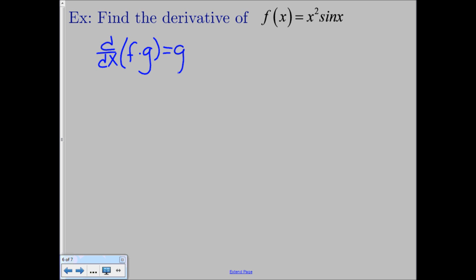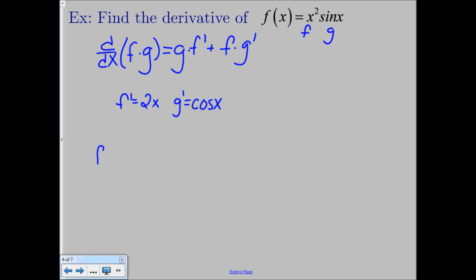It's going to be g times f prime plus f times g prime. Okay, so let's let x squared be that f and sine of x be our g. So that means that f prime, using our power rule, is going to be 2x, and g prime, using our derivative properties of the trig functions, is just going to be cosine of x.